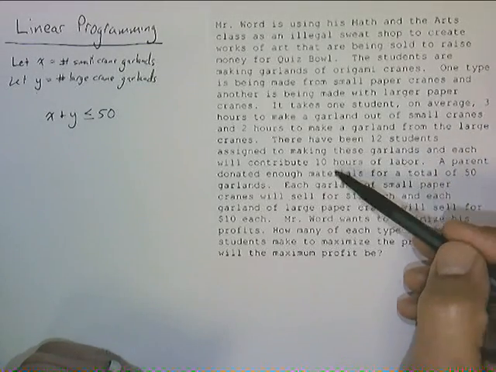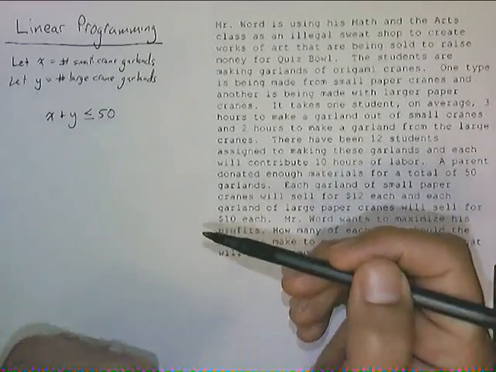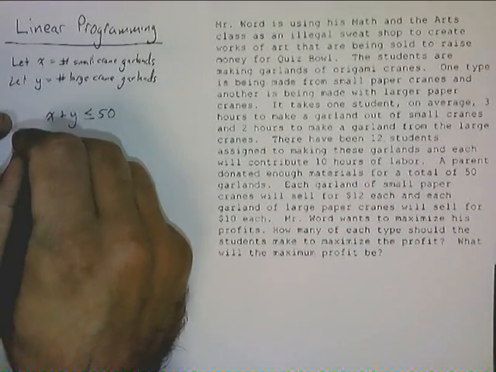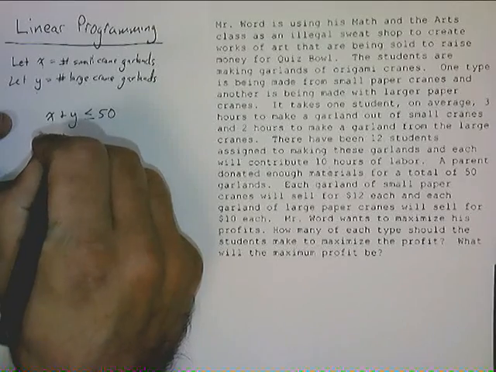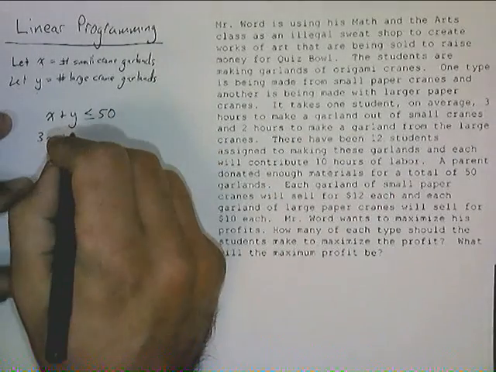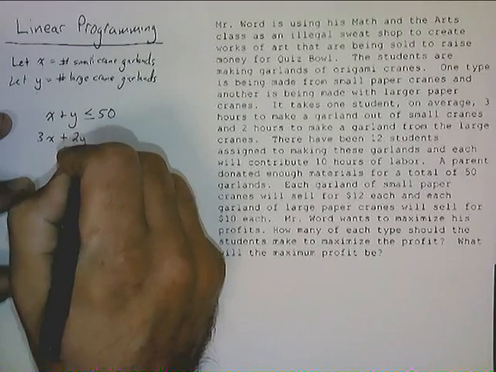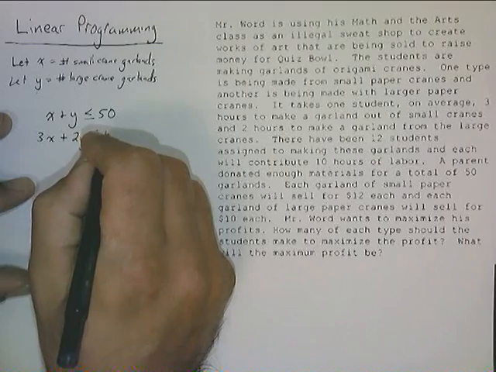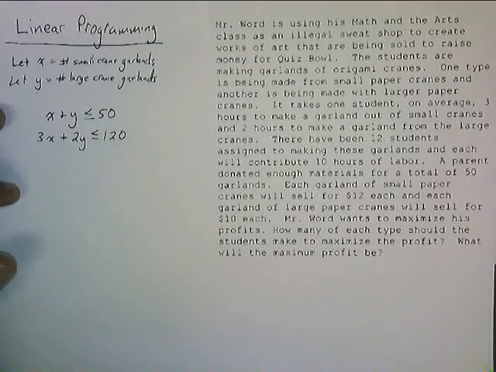We have 12 students contributing 10 hours of labor each. So that gives us the inequality 3 times x plus 2 hours per large crane garland times y, less than or equal to 120 hours.